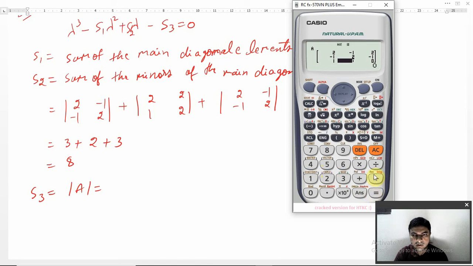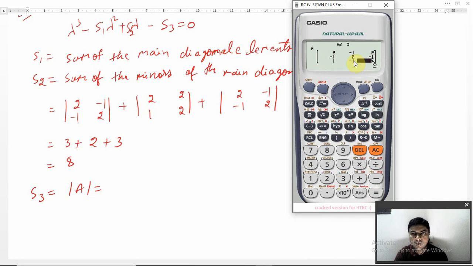First you have to fit all these values in this matrix. I'm going to use the Casio matrix, I think this is the 991 model. This calculator is my favorite. In all my videos I have used this calculator. Please prefer this type of calculator.